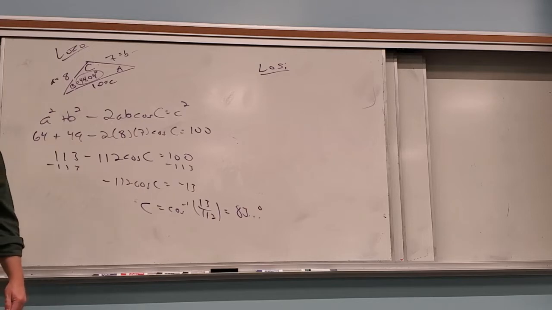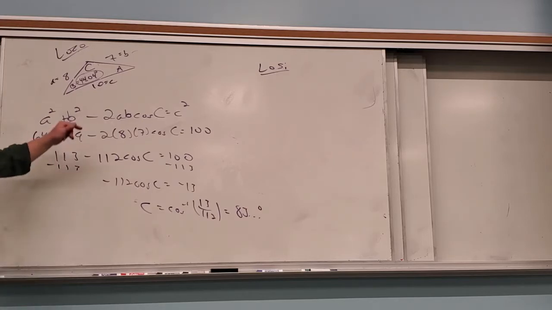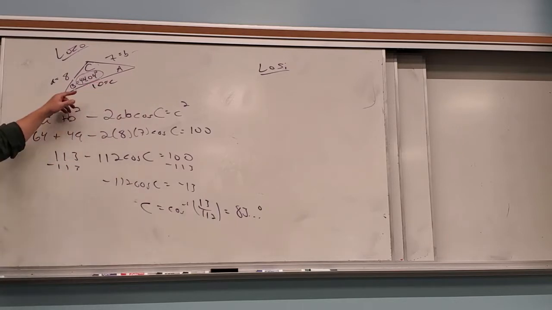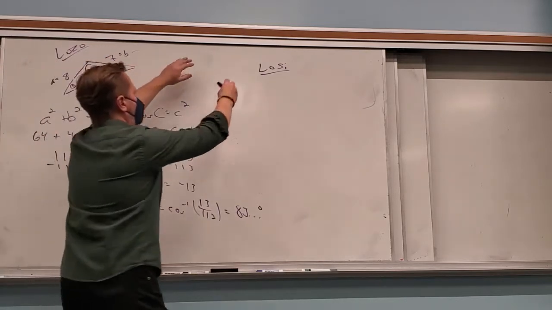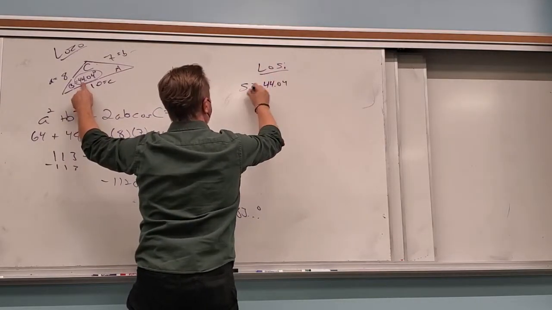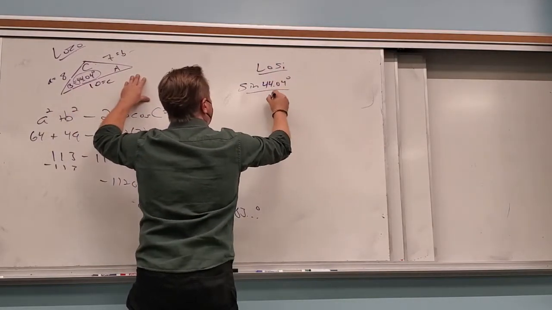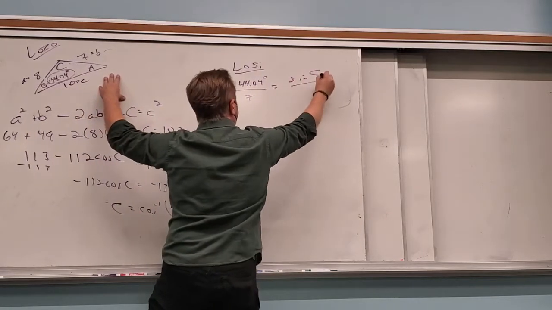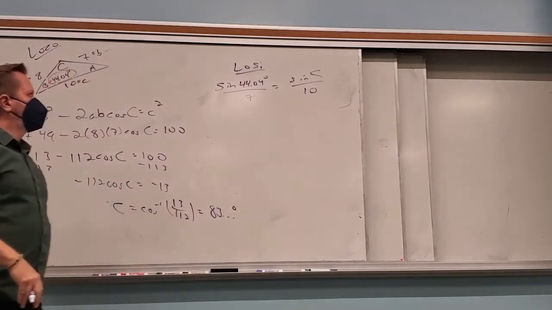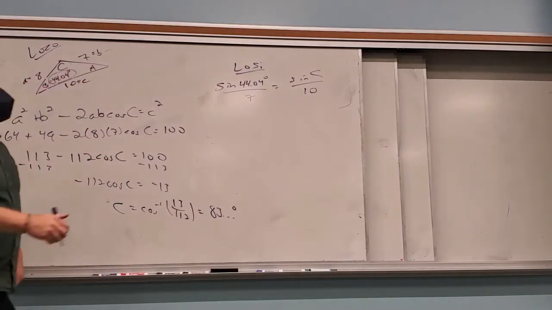Say again? Angle C, same angle we found here, just to see if I get the same answer. So what's the complete ratio I can make? Sine of 44.04 divided by 7, and now I want C. Yeah.